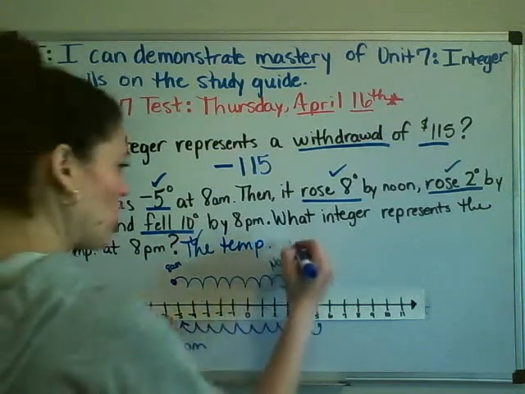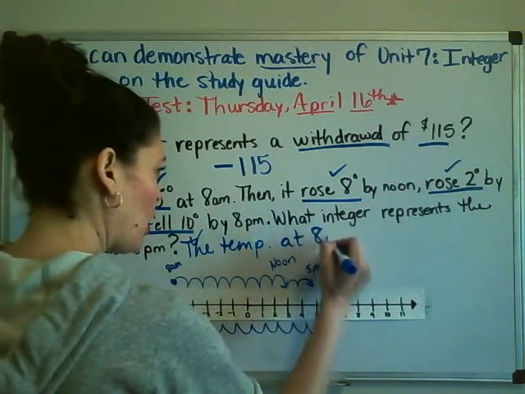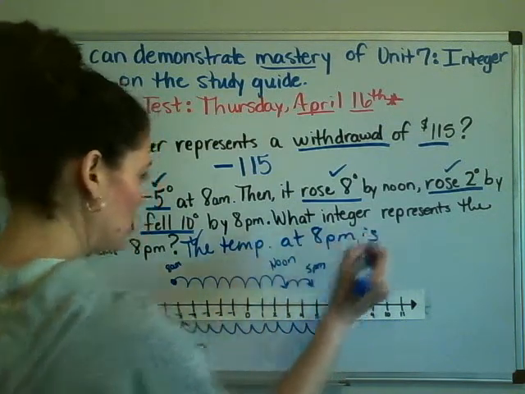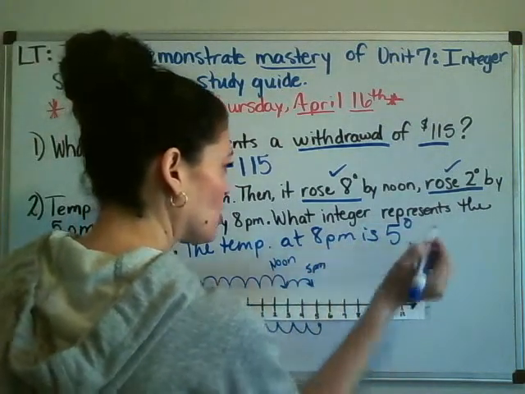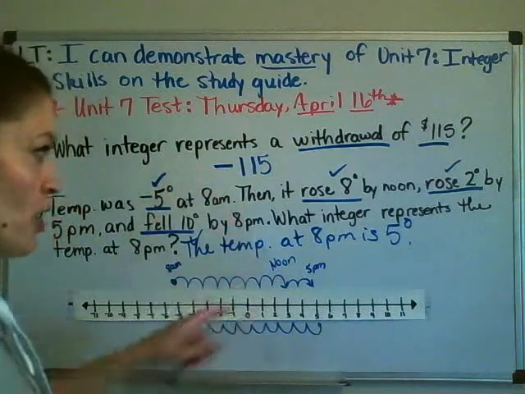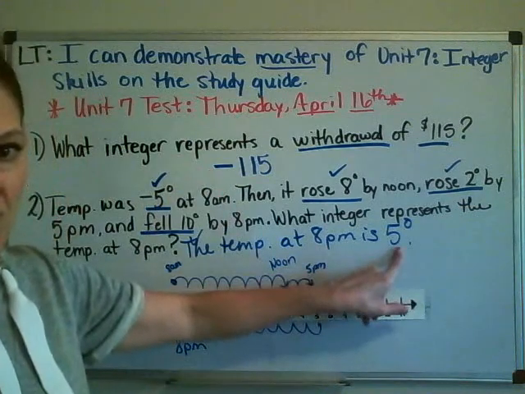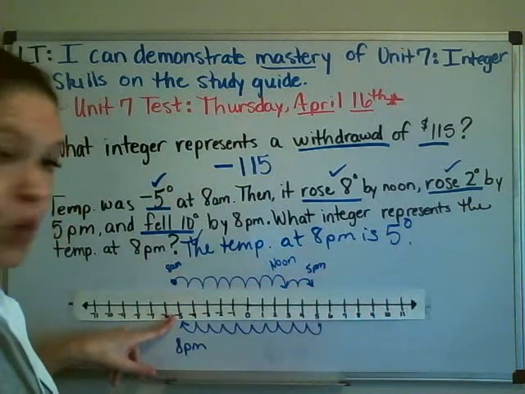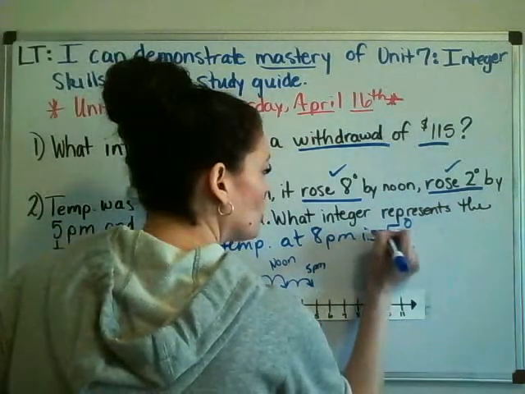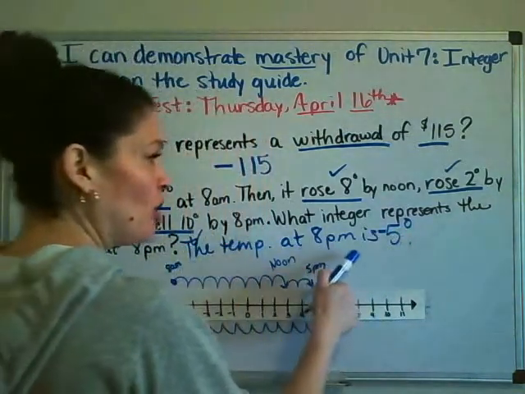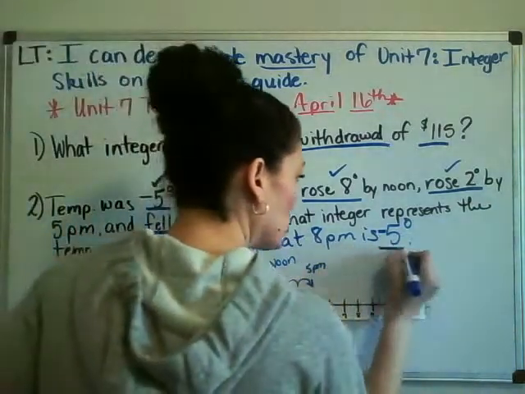The temperature at 8 p.m. is 5 degrees. Sorry, that's a positive. That's a mistake. I want it to be a what? Negative. So the temperature at 8 p.m. is negative 5 degrees.